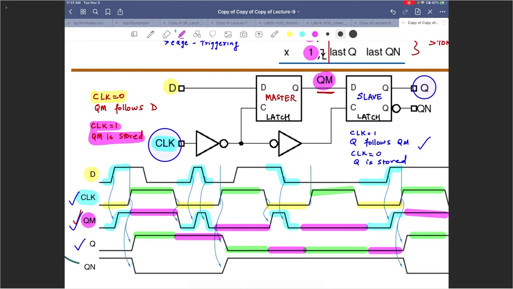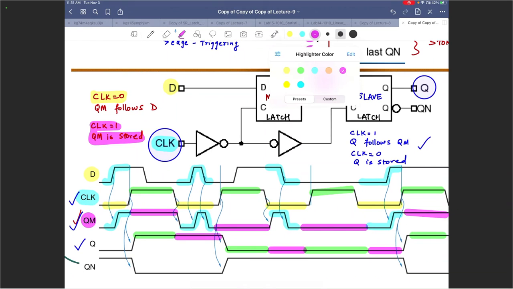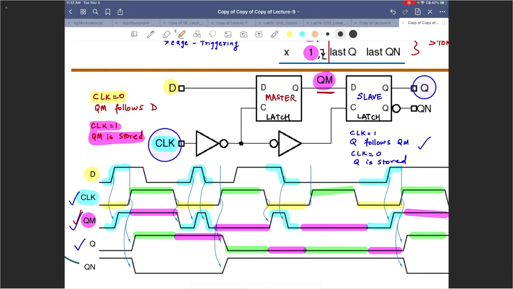I'm going to indicate that with a different color, maybe brown. There are a few changes in Q. I'm going to highlight them. One is right here, and the next change in Q happens there. The next change in Q happens there.